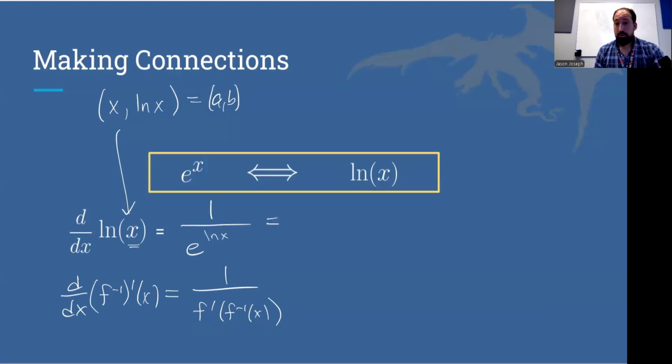And what's e to the natural log of x? Well, because those are inverse functions, right? That's f of f inverse of x, that's just x. So this formula is the justification for why the derivative of natural log x is 1 over x.